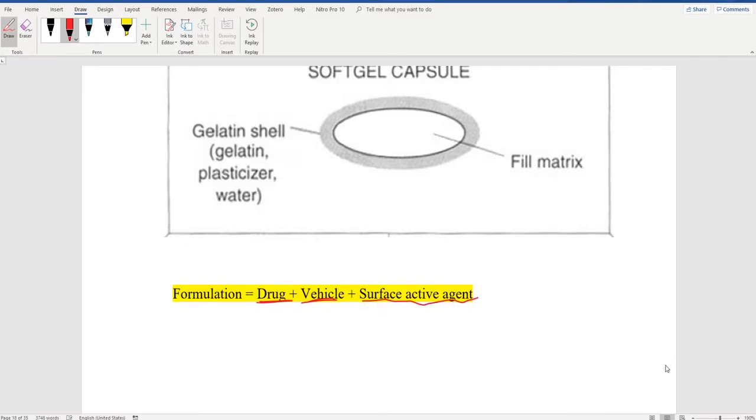Now this surface active agent's job is to improve the dissolution of hydrophobic drugs inside the soft gelatin capsule. The reason is, if you look at most drugs that are filled in soft gelatin capsules, they are hydrophobic.